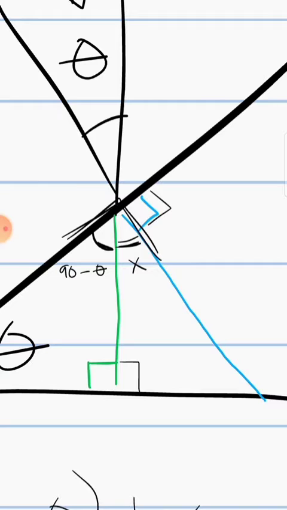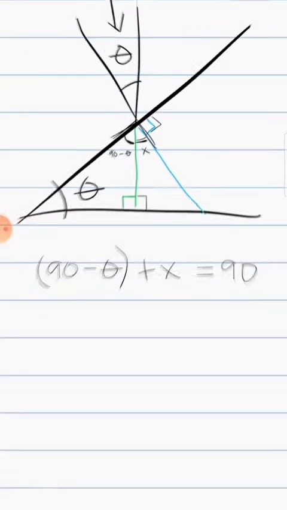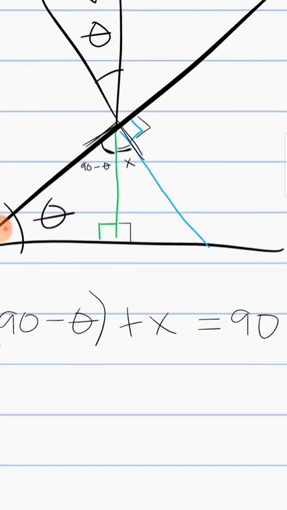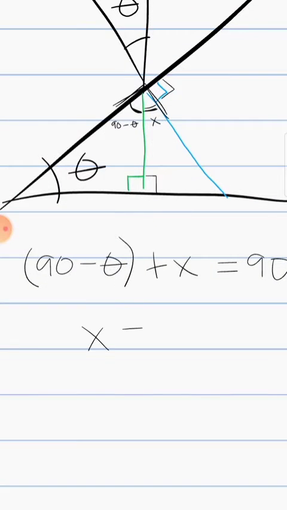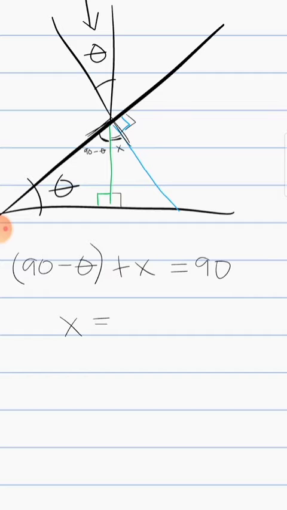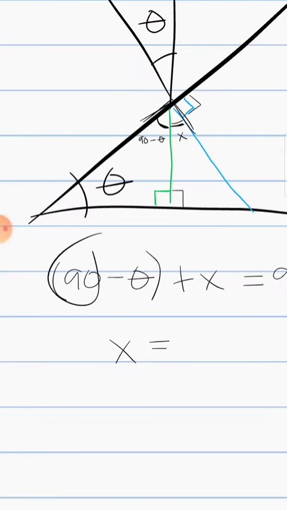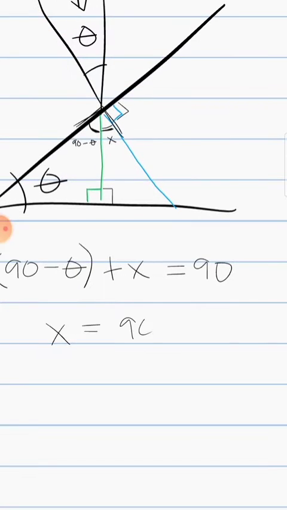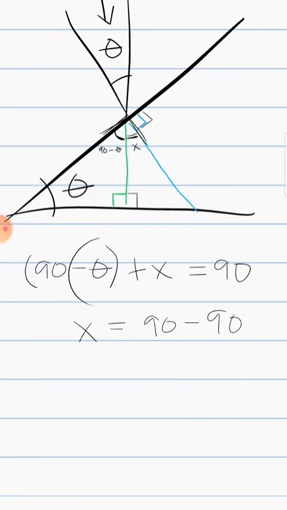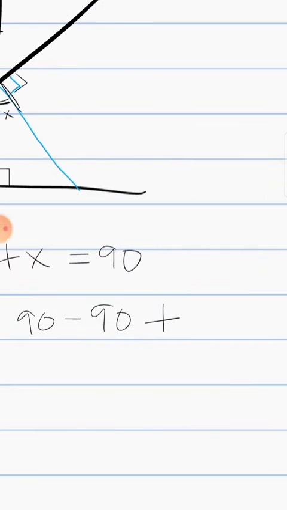So this is 90, based on our assumption here. That's perpendicular. So if we find the value of x, x is equal to, transposing this 90 to the other side, it cancels, 90 minus 90, and this negative becomes positive, plus theta.